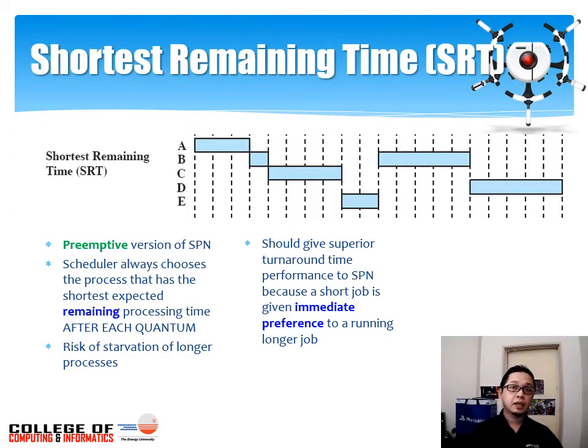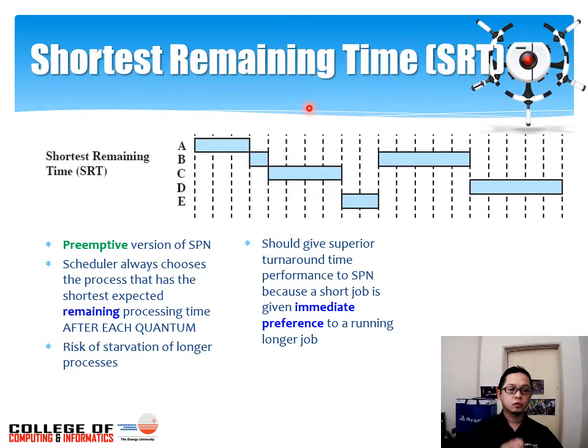First, for the preemptive algorithm, we are going to look at the shortest remaining time. You need to remember that for a preemptive method, every time a process executes, it has a chance to be interrupted. The interruption can be caused by the arrival of a new process, or perhaps by the time quantum given to a process for it to execute.